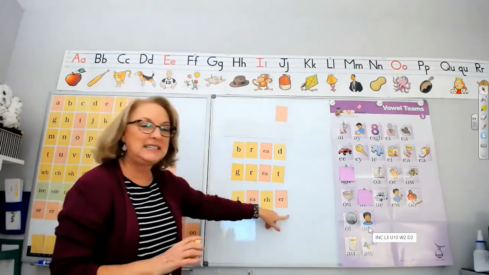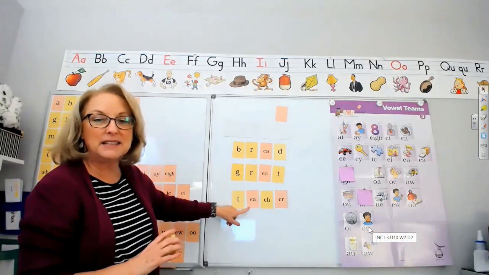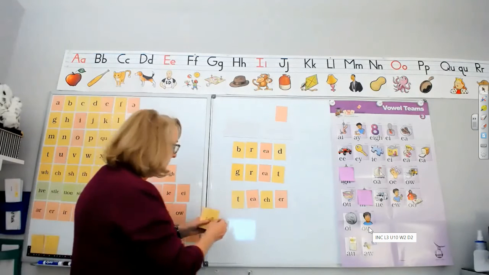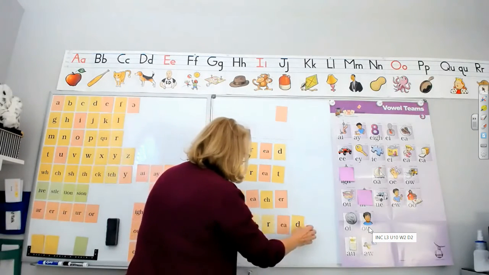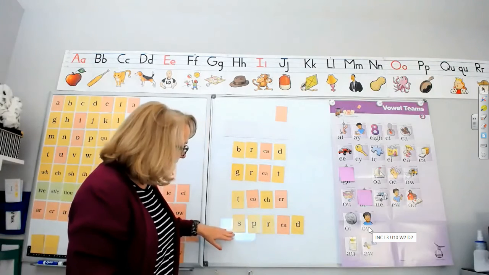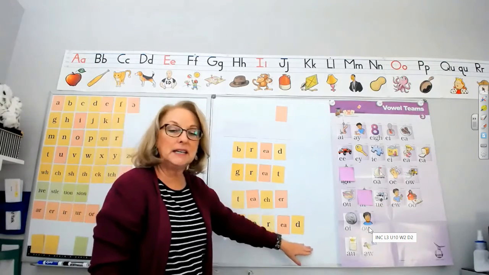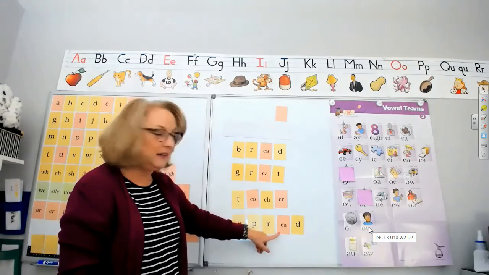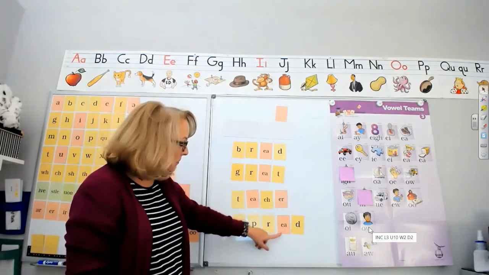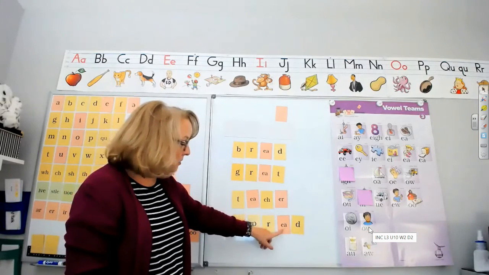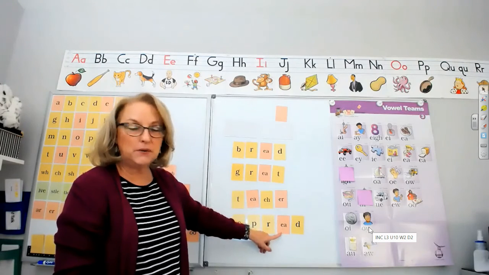Read it. Teacher. What is the E-A saying in this word? It's saying E, isn't it? And one last word. Go ahead and read it. Did you get spread? What sound does E-A make in this word? Eh, doesn't it? So if you're not sure when you're reading a word with E-A, you could try all the sounds that it makes and see if one works for you.